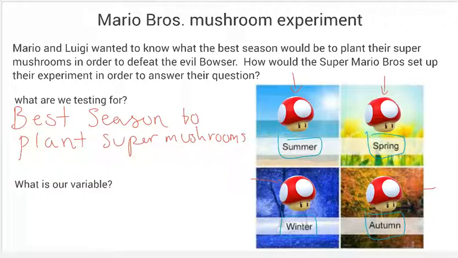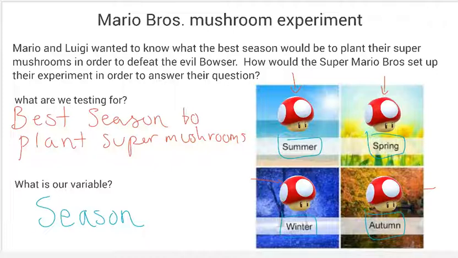When we are doing our experiment, our variable, the thing that we're changing, is the seasons. And again, we're changing the seasons because we're trying to test for the season that is best.